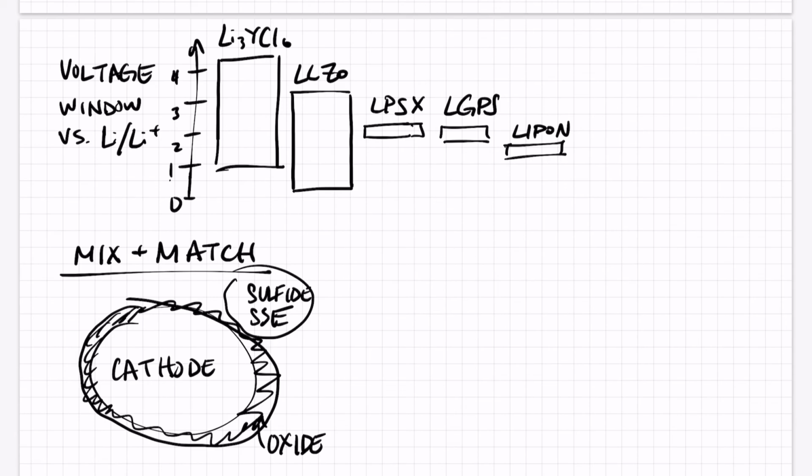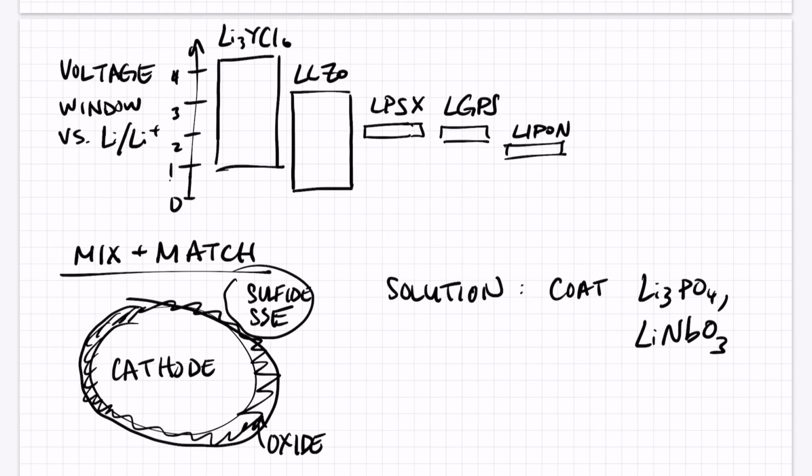And that basically has been the solution, to coat with phosphate or oxide-based compounds around the cathode particle to minimize this decomposition. Lithium phosphate does not have high ionic conductivity, but it will allow lithium ion migration.